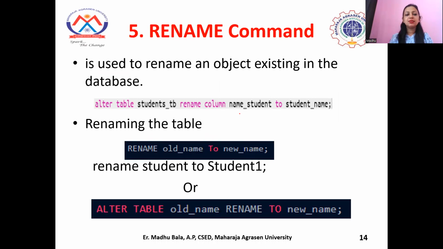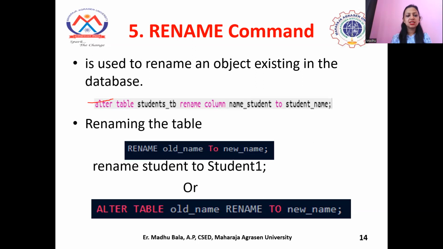The next category of DDL command is the rename command. As the name indicates, rename command is used to rename an existing table, or to rename existing columns. Like we discussed earlier in the alter command, if I want to rename a column name from roll number to ID, then we can make use of rename command along with the alter command.